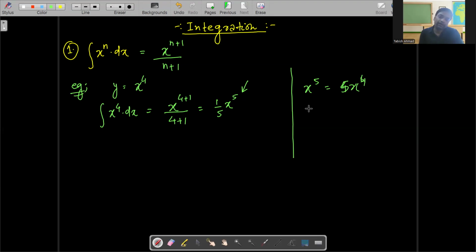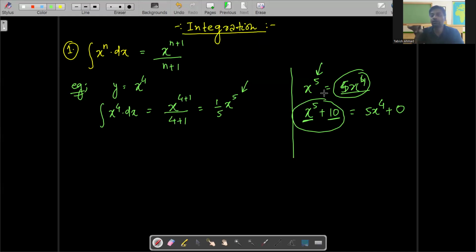But what is the differentiation of x to the power 5 plus, for example, a constant 10? Take the differentiation of each term: 5x to the power 4 and plus 10 gives 0. It means the differentiation of x to the power 5, and of x to the power 5 plus something, is the same thing.